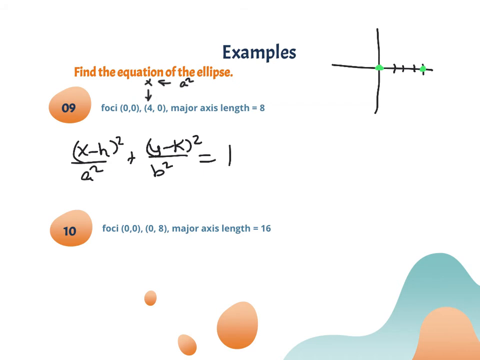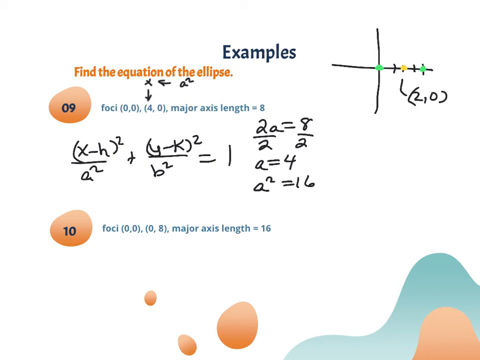Again, we can find the major axis length by setting the 8 equal to 2a. Divide by 2, a equals 4, so a squared equals 16. Now, I can also find my center point by finding the midpoint of the 2 focus points, or you can just look at it since we graphed it, and it's got to be the midpoint of the 2 green points, which is going to be the ordered pair 2, 0.